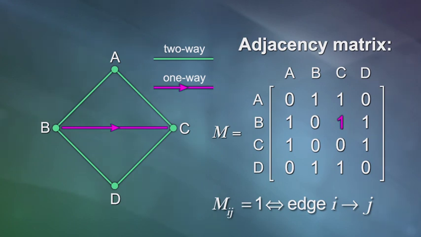You can see from the 1 in the second row and third column that there is an edge from B to C, but because there is a 0 in the third row and second column, there is no edge from C to B. Notice that the matrix M would have been symmetric about the main diagonal if all the edges were bidirectional.